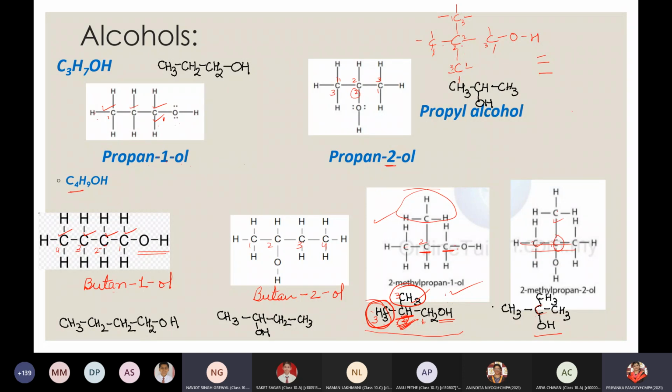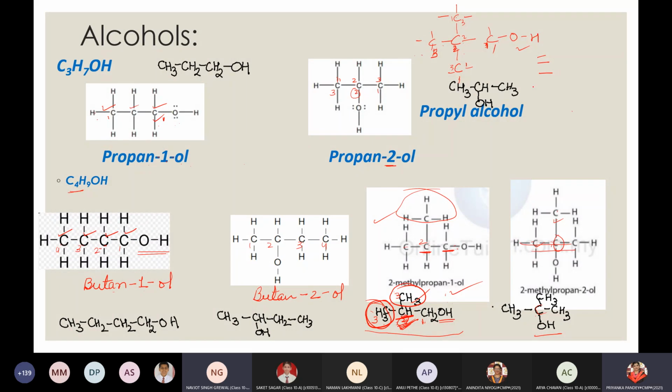Actually, it has to be 1, 2, 3 here because the functional group is here. Now on the second carbon atom, we have got 2 methyl groups. Because we have got 2 methyl groups, children, we have to specify the number of each methyl group.